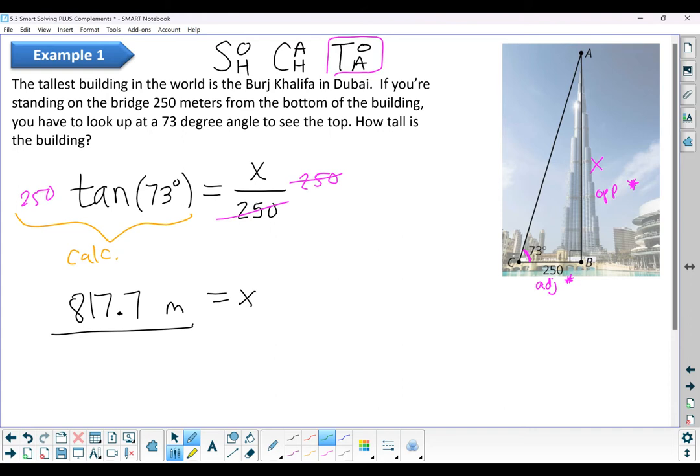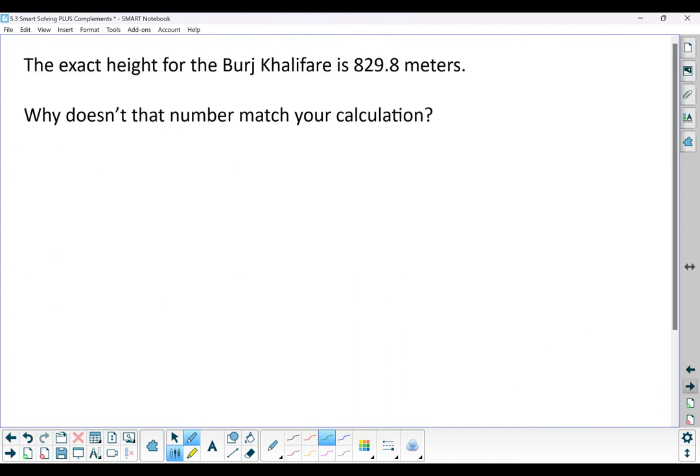So we got a really close answer. Maybe this 250 wasn't measured very exactly, or perhaps the angle is actually like 73. Whoops, that's not a 7. Maybe the angle is actually like 73.2 degrees. And so we're just a teeny bit off because of the precision of our measurements. Pretty close though.